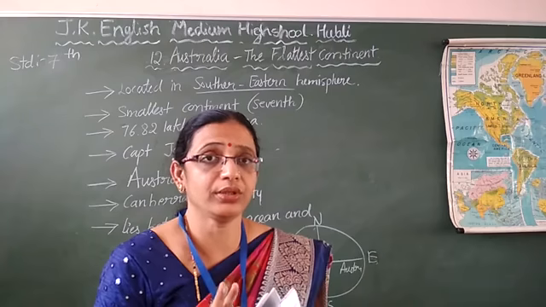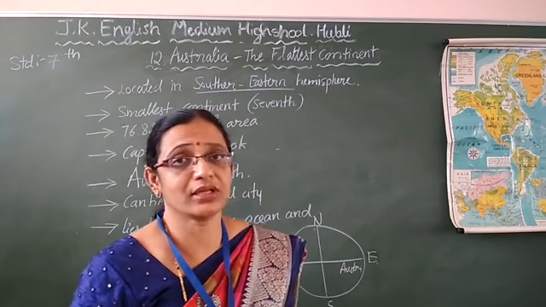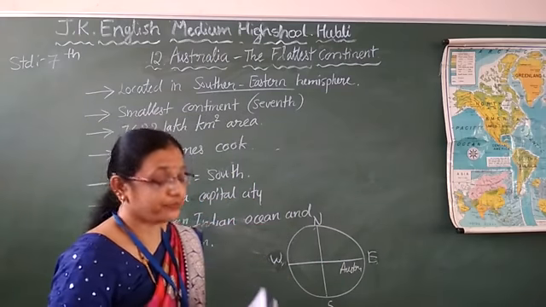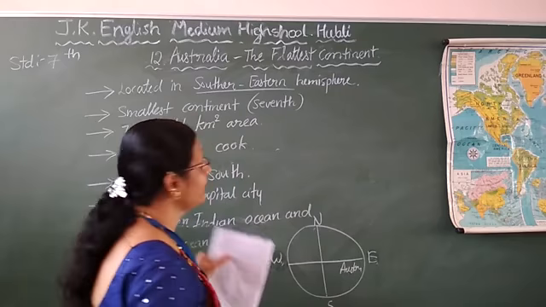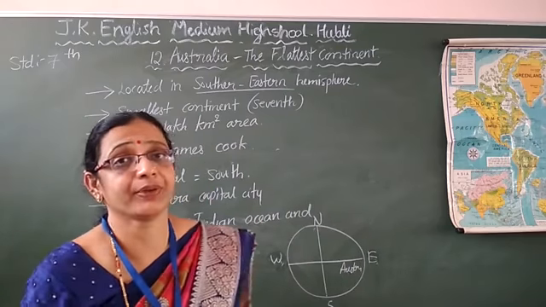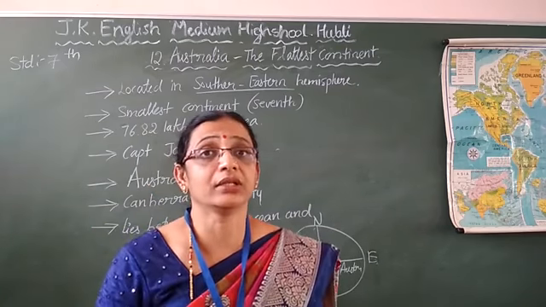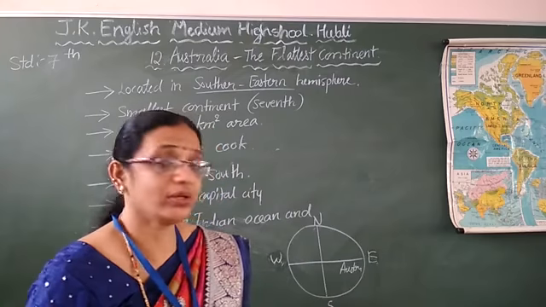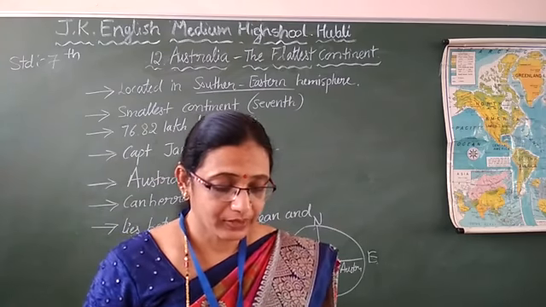If you join two Indias, you get Australia's area. And in Australia, the Tropic of Capricorn, that latitude, is passing in the northern part. That also I will show on the map.